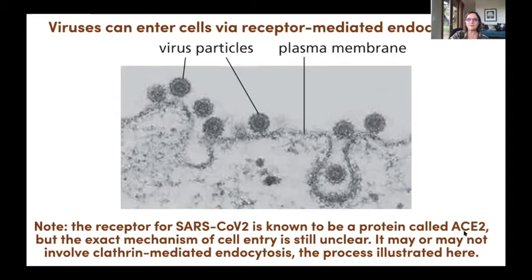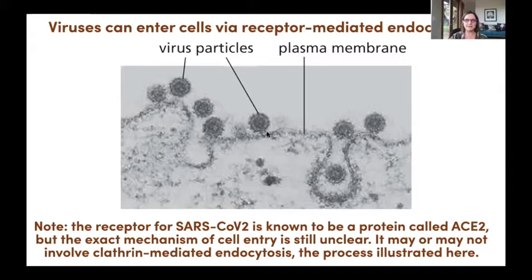However, the protein that they use as a receptor on the cell surface is called ACE2, angiotensin converting enzyme 2. It's not really supposed to be a viral receptor. It's actually there as part of a system that regulates blood pressure. But the virus can bind to this ACE2 protein and use it to target itself into the cell.